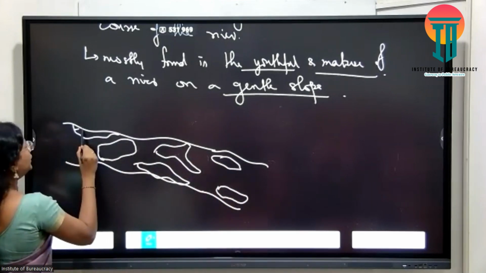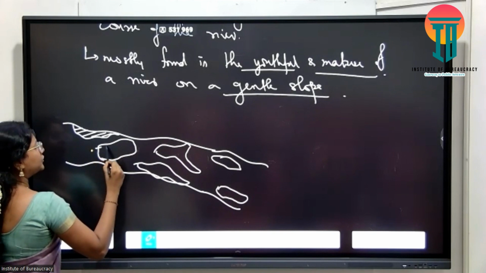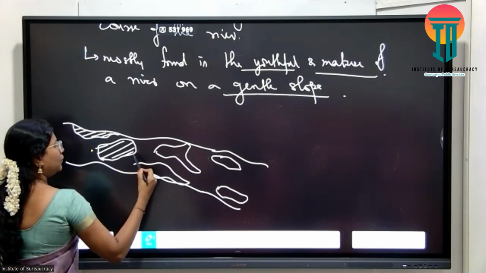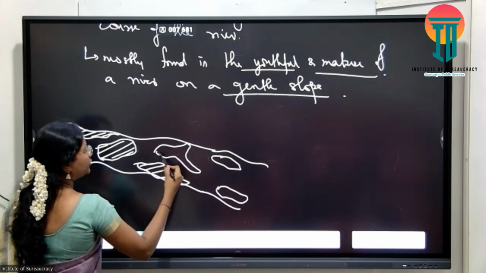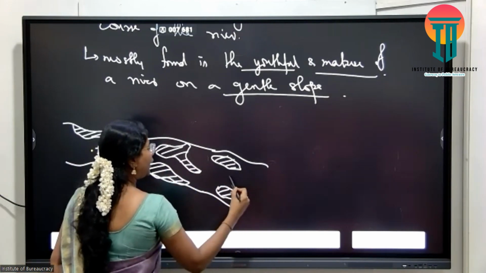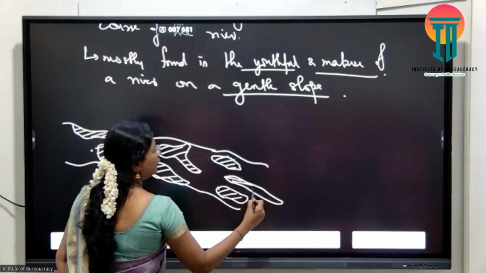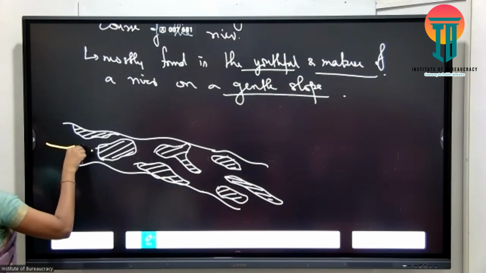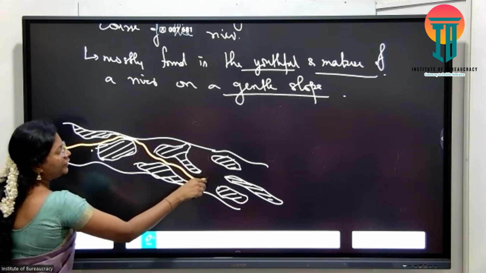So these are all what? These are all alluvium deposits. Where are they deposited? They are deposited ரிவரோட கோர்ஸ்லயே. அப்ப என்ன நடக்கும்? அப்போ இங்க இருந்து வரக்கூடிய ரிவர் would bifurcate into multiple channels.